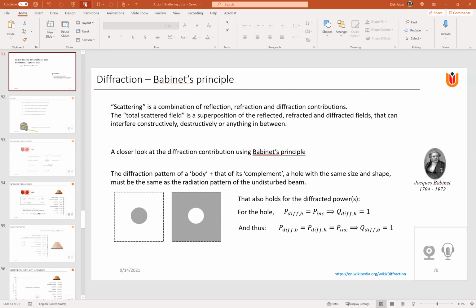If you then look at how the light propagates, the superposition of these two would suggest that the diffraction pattern of this particle is the same as the diffraction pattern of this hole. You're shaking your head in great disbelief. That is very good, because it is really hard to wrap your head around.